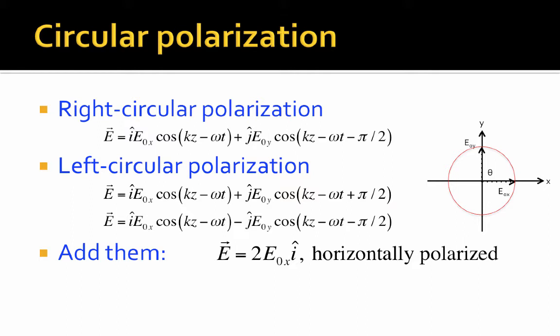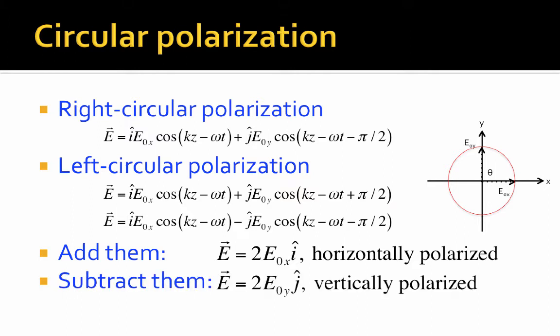So it's linearly polarized in a horizontal direction. If we subtract them, we get an electric field that's linearly polarized in the vertical direction. So right and left circularly polarized light will add together to give us linearly polarized light.